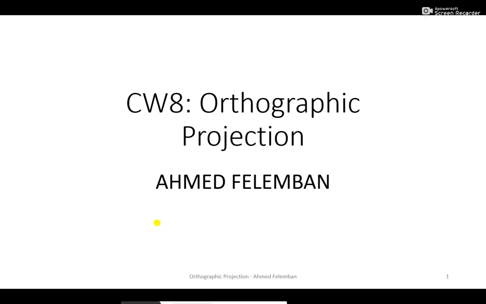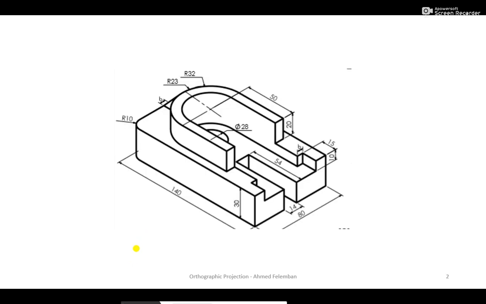Okay, so in the previous classworks, especially in classwork 3 and 4, we used to give you the isometric, and this isometric has a dimension, and we ask you to draw the same 3D model. We give you all the dimensions, we give you the 3D model, and we ask you to do that.